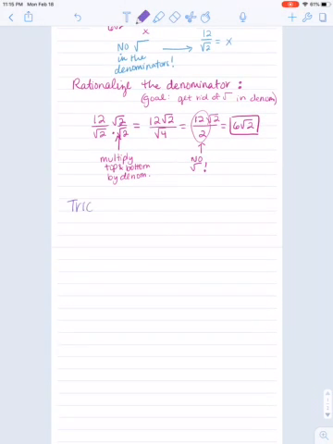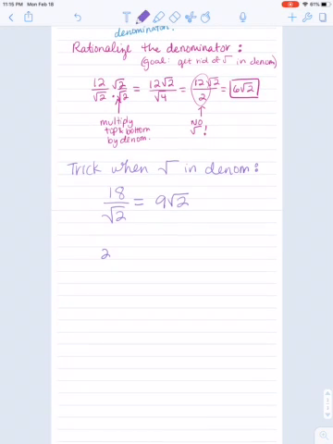So here's a little trick when you have the square root of 2 in the denominator. I'll give you an example. If you have a number at the top, 18, and you have the square root of 2 at the bottom, your answer is going to be 9 square root of 2. Let me give you a different one. If it's 20 on the top and square root of 2 on the bottom, your answer will be 10 square root of 2. Do you see the pattern yet?